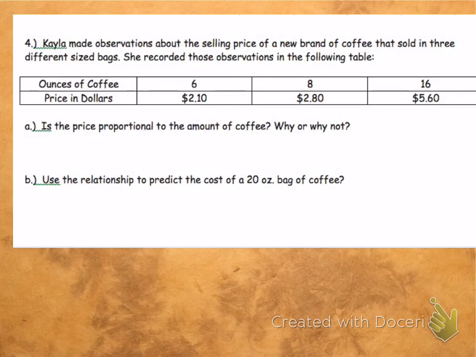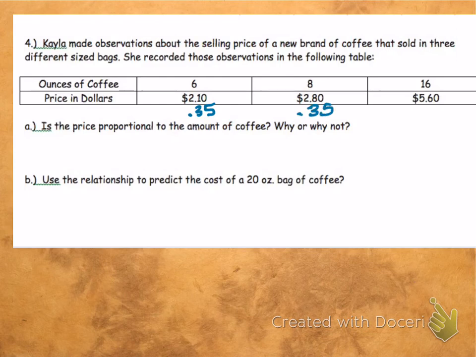But in this case, I'm going to flip that upside down and think about it in terms of cost per ounce. So I'm going to take 210 and divide it by 6, and that's going to give me 35 cents per ounce. Then I look at the next relationship and say, okay, $2.80 for 8 ounces of coffee. $2.80 divided by 8 would be 35 cents per ounce.